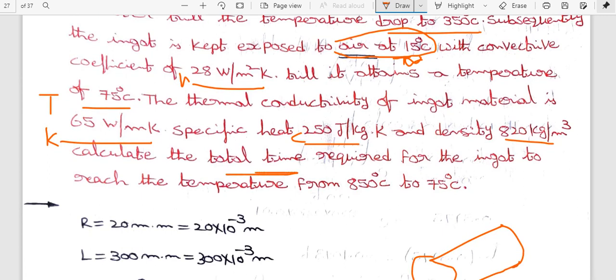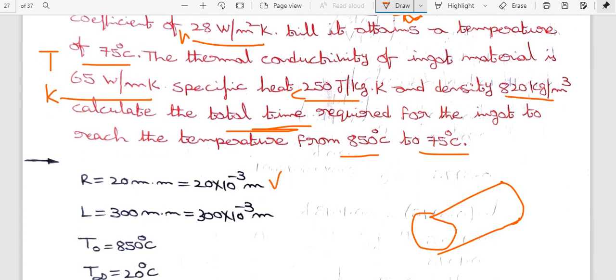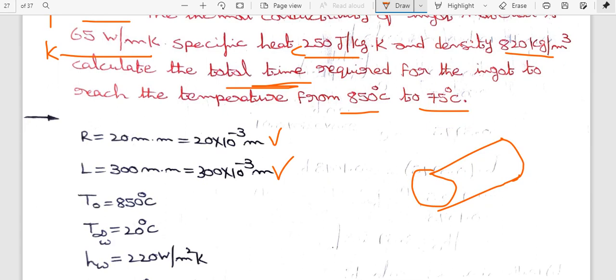Calculate the total time required. This is transient heat conduction, for the ingot to go from 850 degrees centigrade to 75 degrees. The radius and length of the cylindrical object are given: length is 300 mm and radius is given.